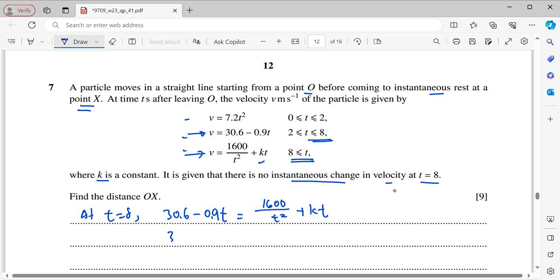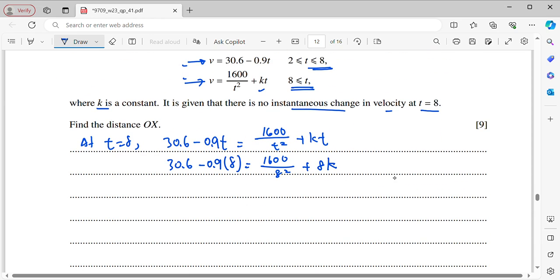Now I will replace the t by 8 so that you can find the k value. So 23.4 equals 25 plus 8k. So 8k equals negative 0.2.